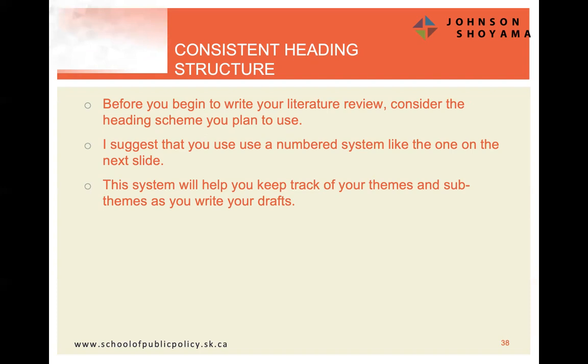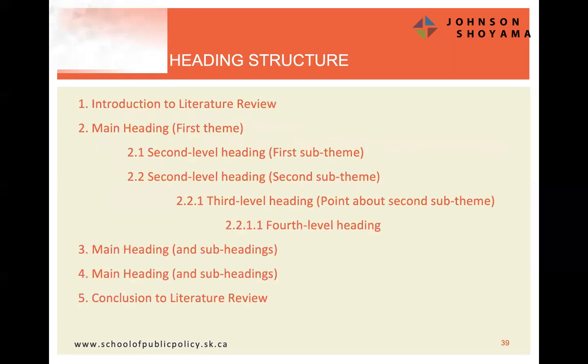This system, of course, of numbering, like you would see next, also constitutes a way of clarifying the important themes and the sub-themes. So you can start with an introduction to the literature review, and then the main headings can constitute your statements of the problem.